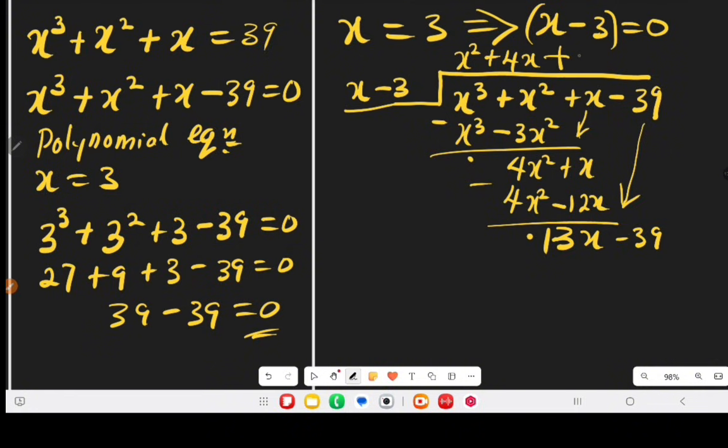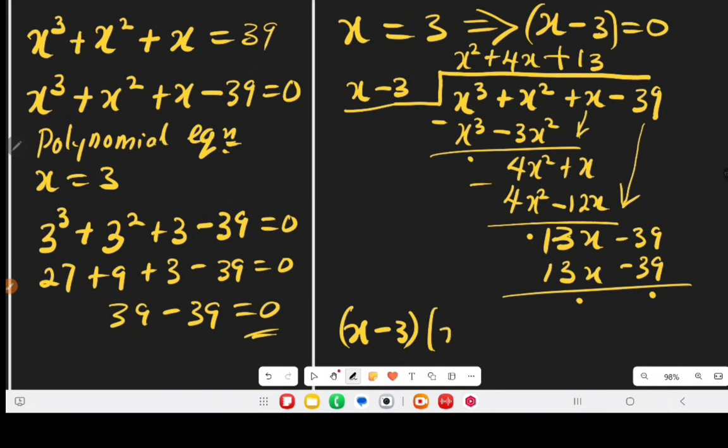We put plus 13. 13 times x gives us 13x. Then 13 times minus 3 gives us minus 39. We subtract, this will give us 0. That is why we know it's a factor. Then our answer here for now is x minus 3, which is one of the factors, into x squared plus 4x plus 13 equal to 0. If we expand this, we get back to the original equation.